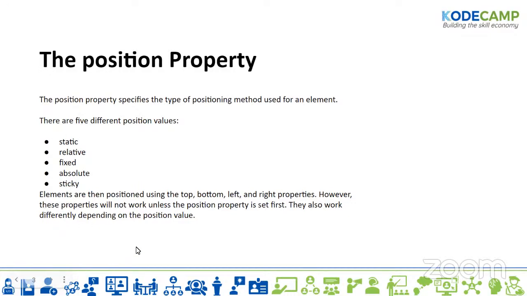Elements are then positioned. You can use the top, bottom, left, and right properties. However, these properties will not work unless the position property is set first. So you need to set the position property first, and when you set the position value, let's say fixed or absolute, it now has to work with respect to that particular value.